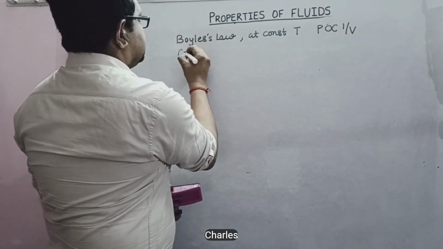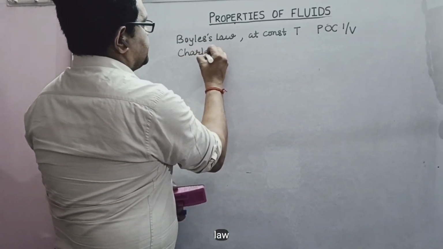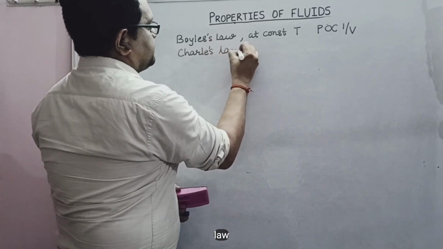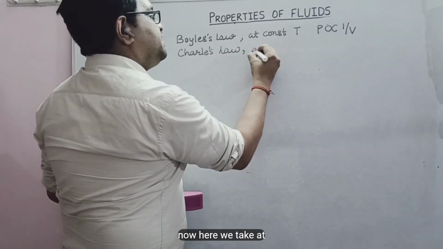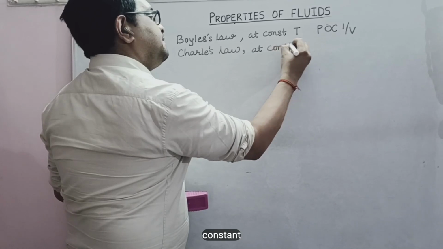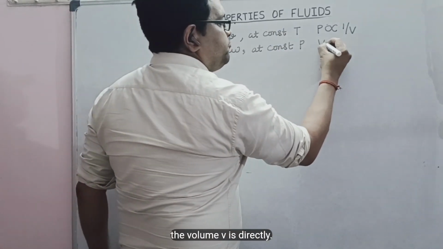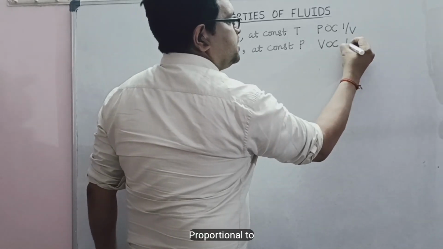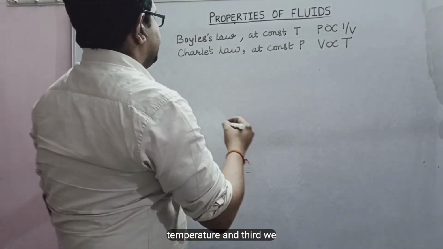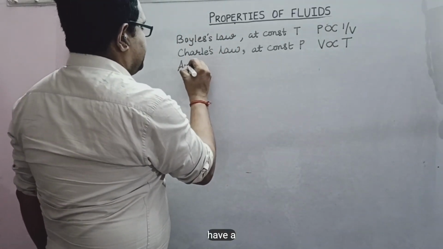Now second is Charles' law. Here, at constant pressure, the volume V is directly proportional to temperature. And third, we have Avogadro's law.